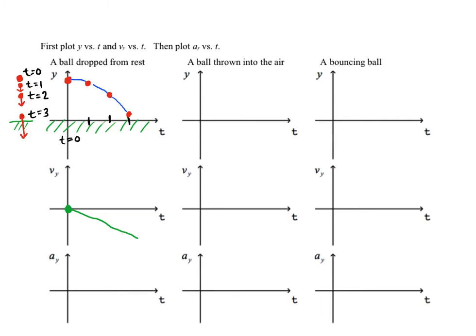Now let's draw the acceleration. The acceleration is the slope of the graph above. So it's got a negative slope, but it is a constant slope throughout the entire time interval. And for that reason, we're going to make our acceleration just a constant negative value.